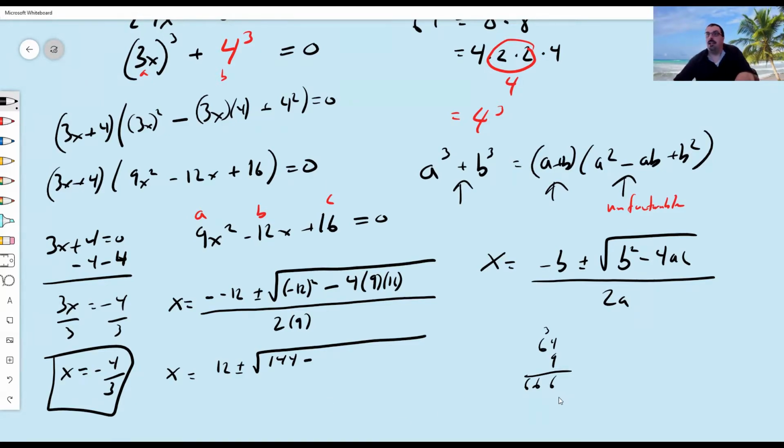Okay, so apparently I can't multiply. 9 times 4 is 54, not 60. So this is 576 all over 18.